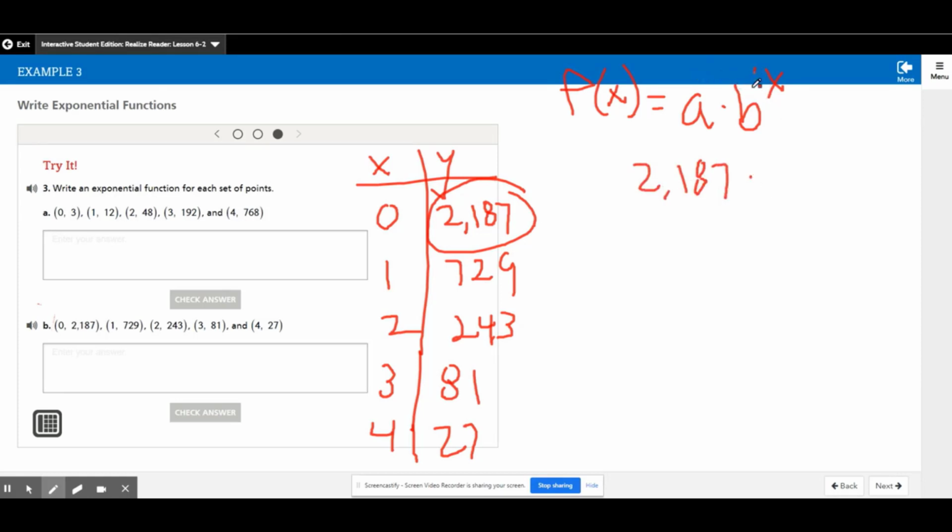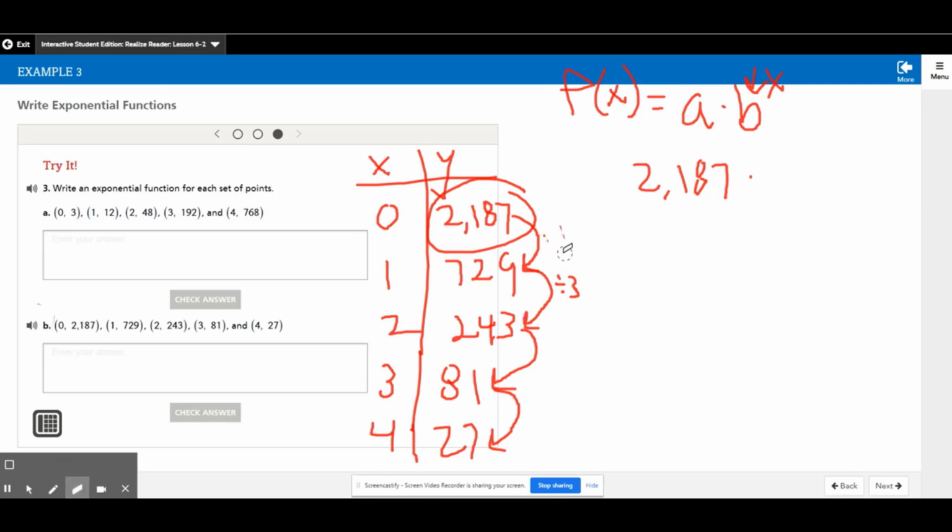So again, the constant ratio: how do I go from 2,187 to 729, then 729 to 243, then 243 to 81, and then 81 to 27? It looks like we're getting smaller here, right? Well, how do we find that out? If you were to divide by 3, that would be how you get there. But it's not by division.